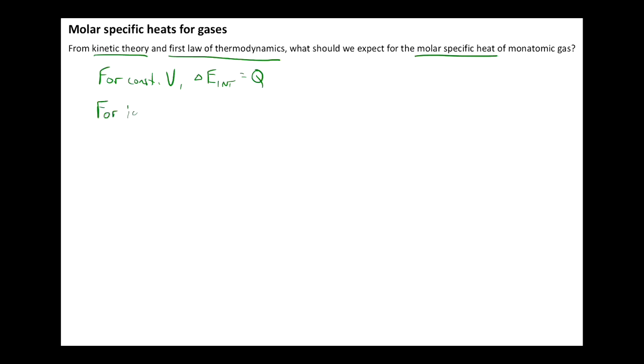And for an ideal monatomic gas, we can pull something from earlier, actually I think it was last chapter, and say that E internal is equal to the number of molecules times the average kinetic energy of those molecules, which we also said was equal to 3/2 nRT.